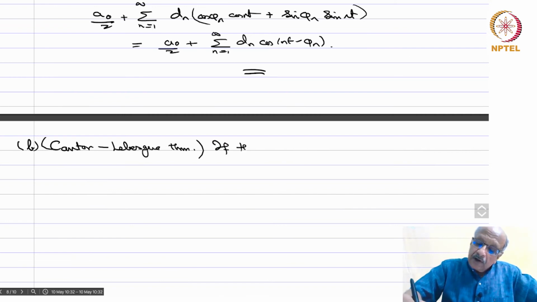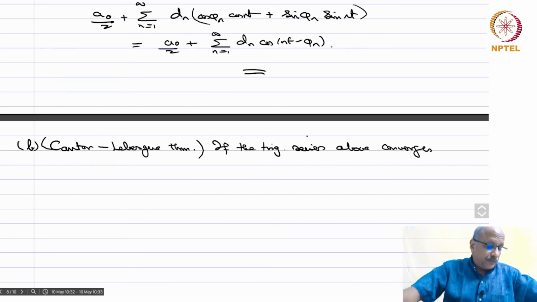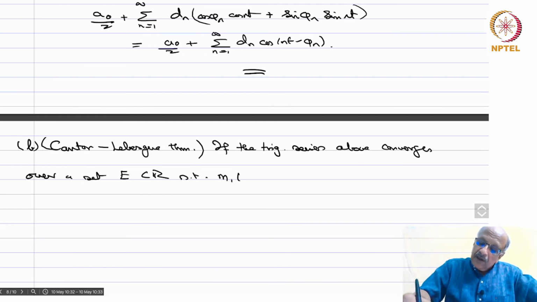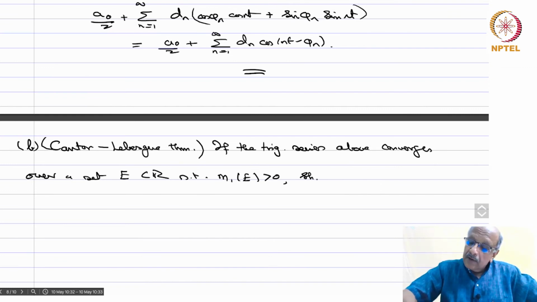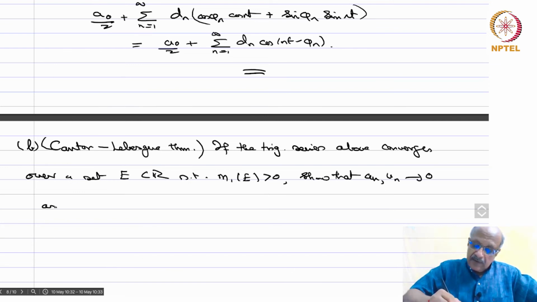If the trigonometric series above converges over a set E in R such that the measure of E is positive, show that an, bn tend to 0 as n tends to infinity.